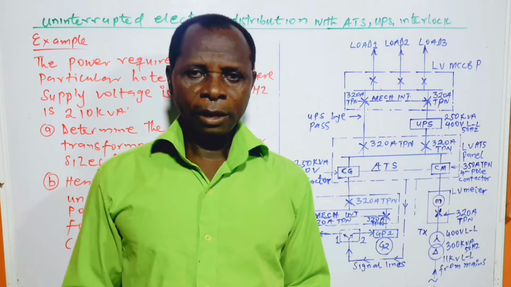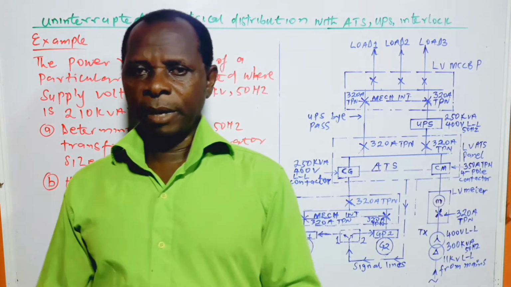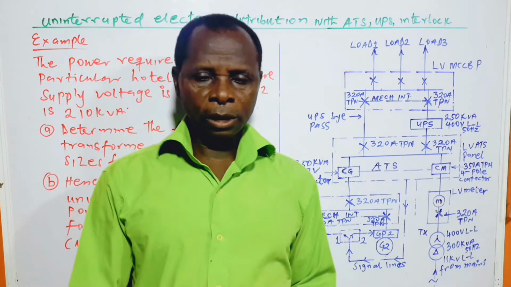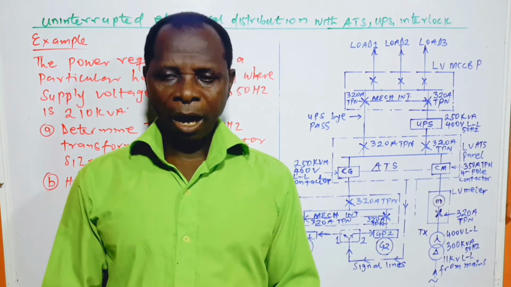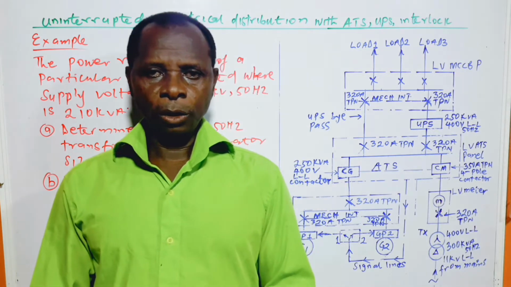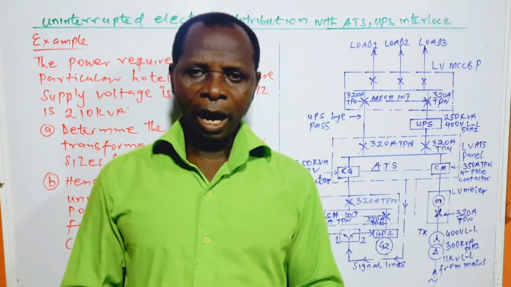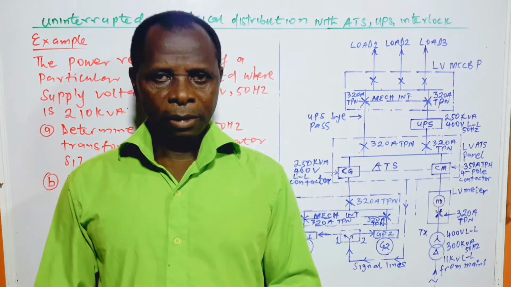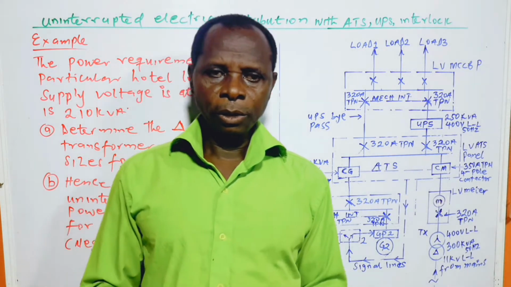Conventionally, when there is a changeover from the mains power supply to the generator system or vice versa, there is always a blackout that characterizes the period of changing over. It is that blackout during the changeover system that I want to eliminate in this video.